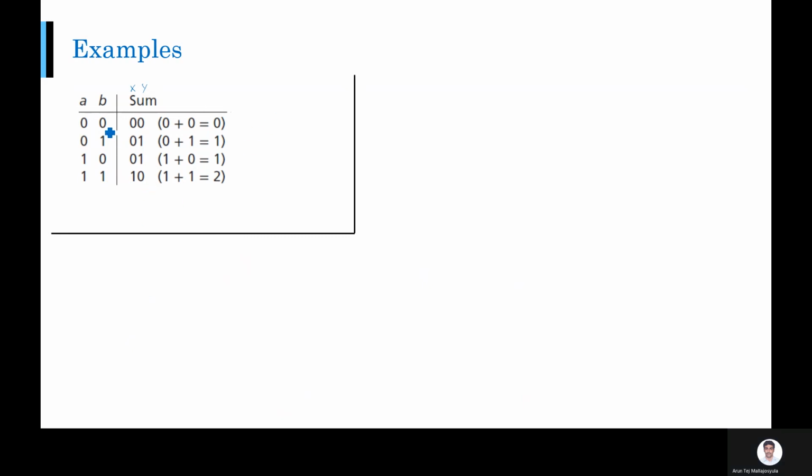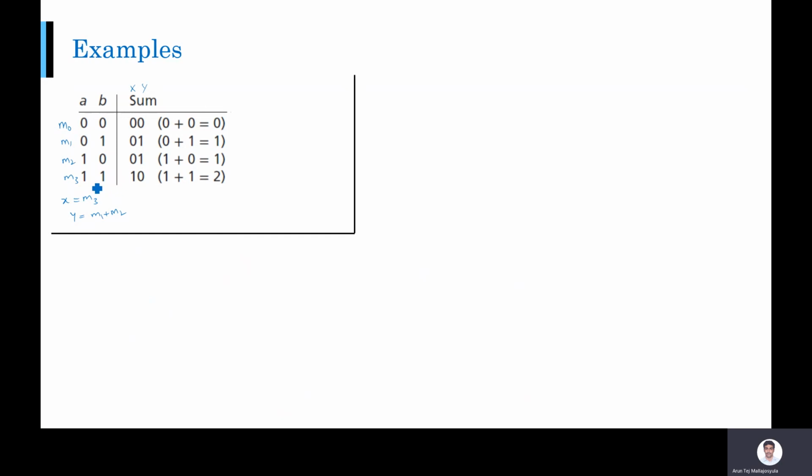So what is x then? What are my min terms? Min terms are m0, m1, m2, m3, right? So x is simply m3. It is 1 for only m3. So x is equal to m3, and y is equal to m1 plus m2.